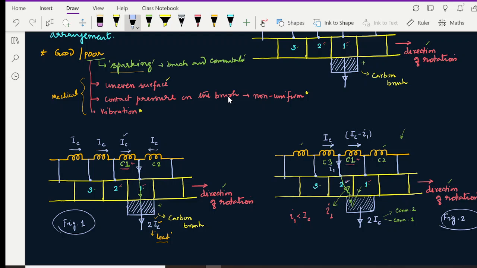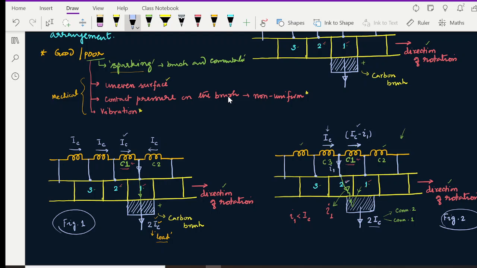Now in figure 2, it is IC minus I1, because part of the current coming from coil 3 has started contributing to the load current, and the contribution from that particular coil is just I1.